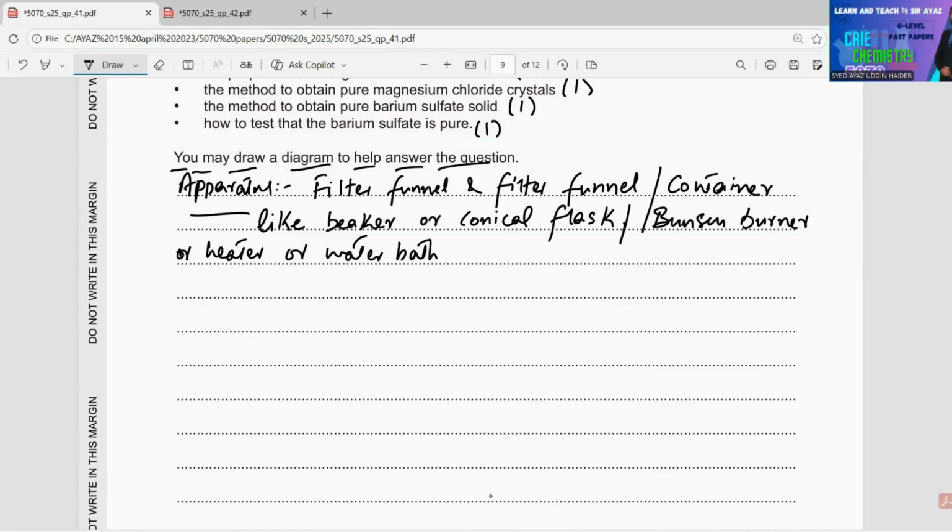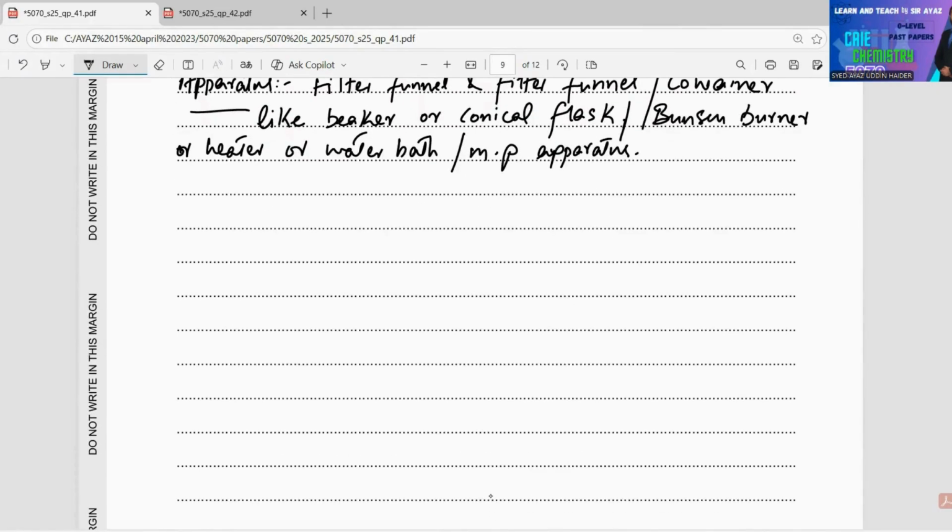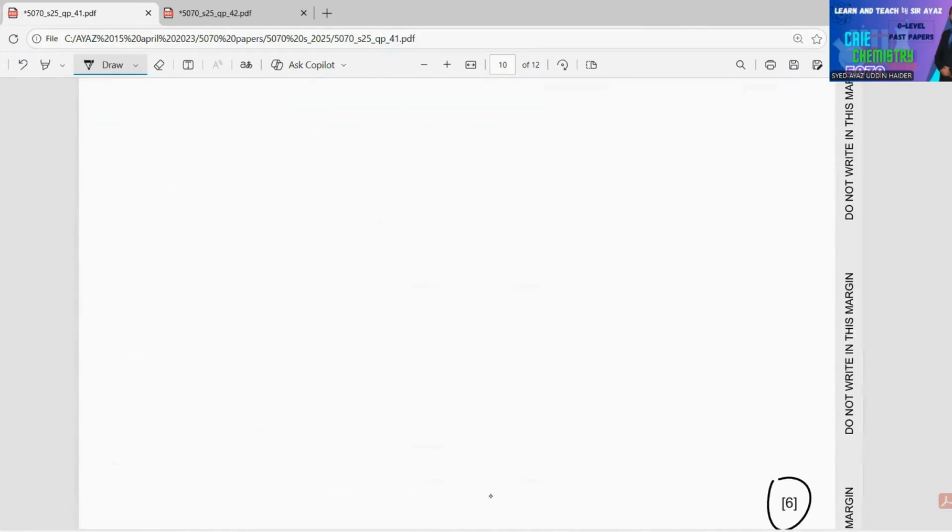If you know how to draw a heater or water bath, that's good. Otherwise, you can draw a Bunsen burner. Then you also have melting point apparatus, which again needs some knowledge of drawing. For your convenience, I am drawing the simple apparatus like filter funnel, beaker, conical flask, and Bunsen burner.